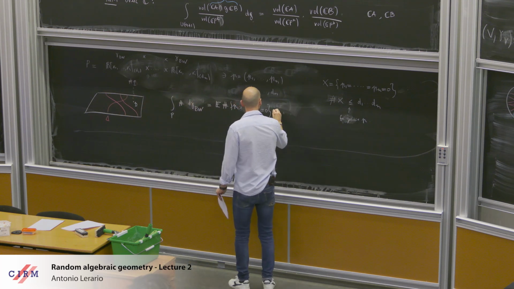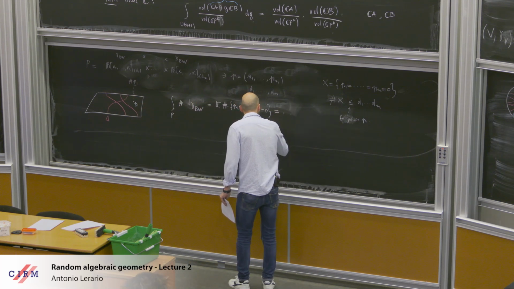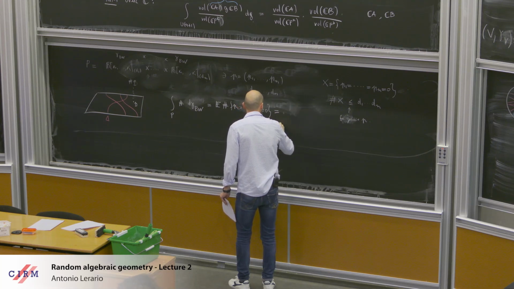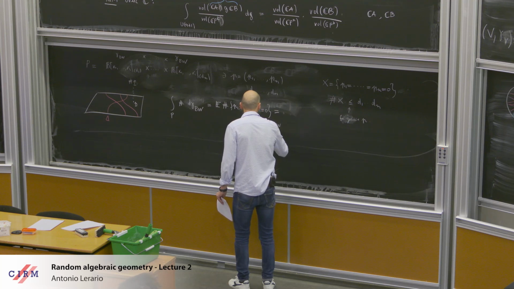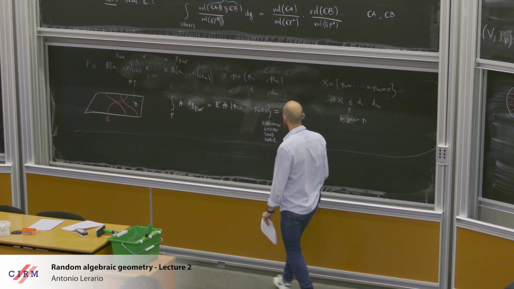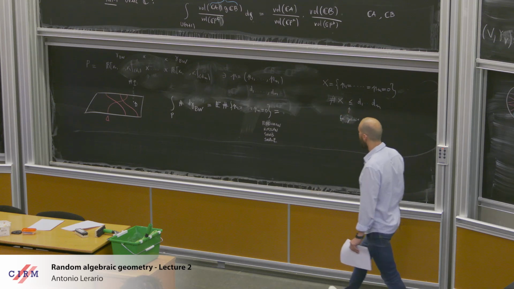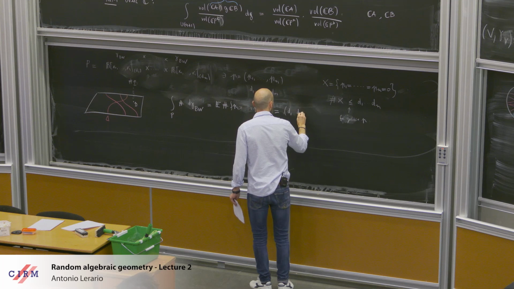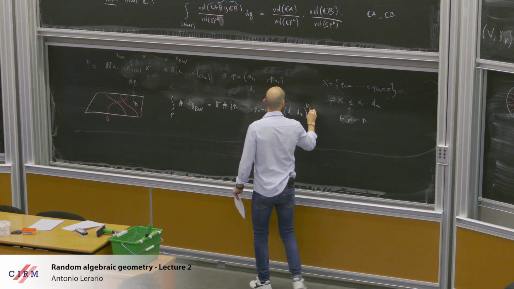And the theorem, pretty beautiful, is due to Edelman, Kostlan, Shub, and Smale. It's four names because Edelman and Kostlan did it when the degrees are all the same, and Shub and Smale when the degrees are different. It is the following, pretty nice: the expectation is the product of the degrees to the power 1/2.